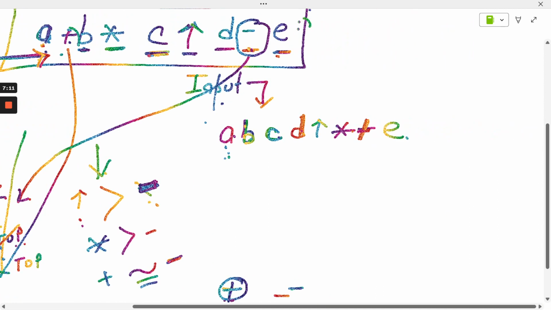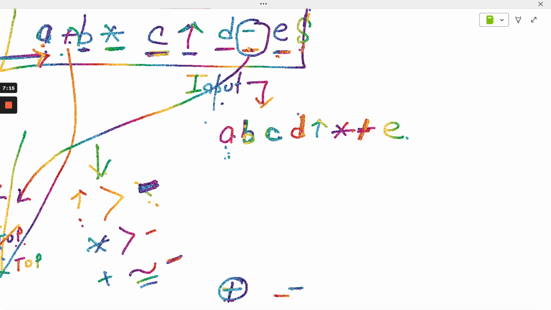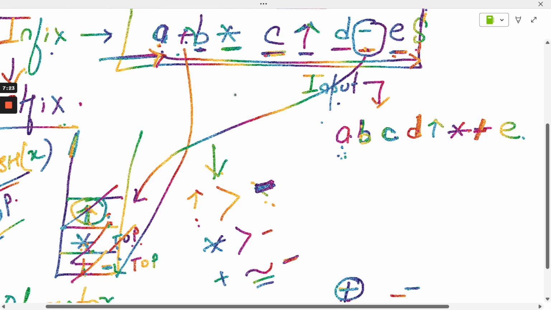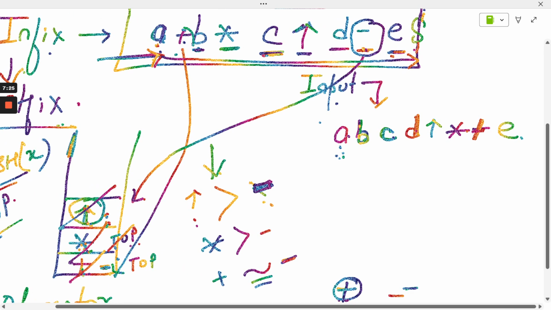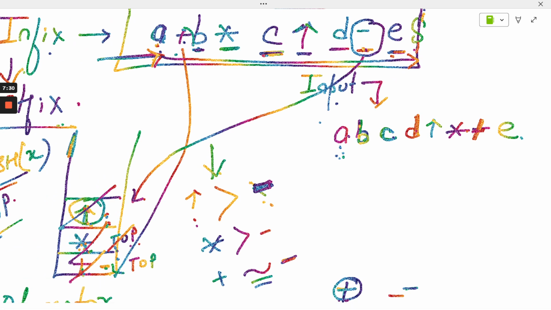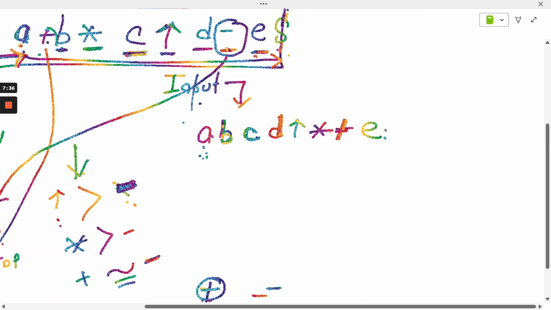Next we have reached the end of the string. We just covered the entire string, and now we don't have any operator left, and we have minus at the top of the stack. The top points to minus, so since the end of the string has been reached, we pop out this minus and place it here.